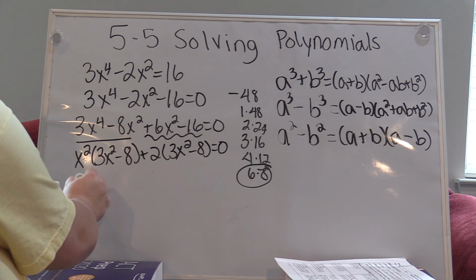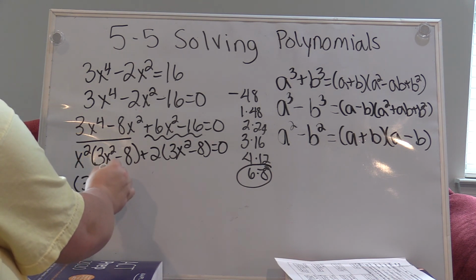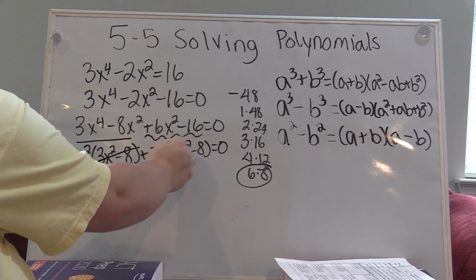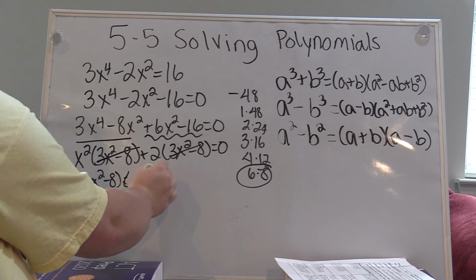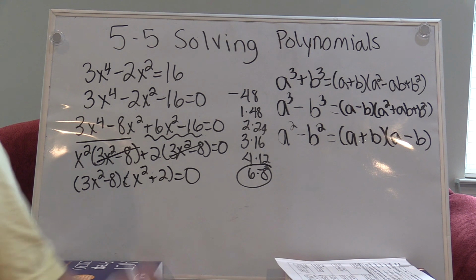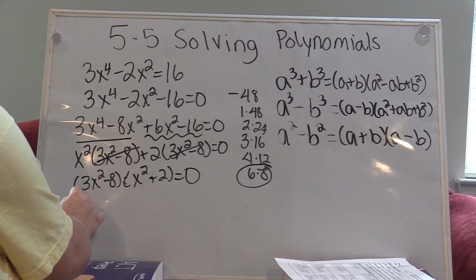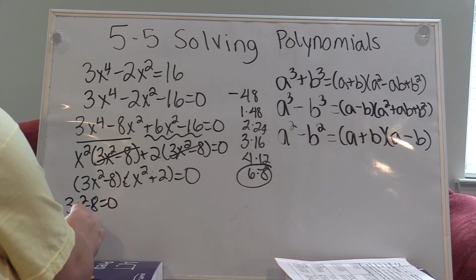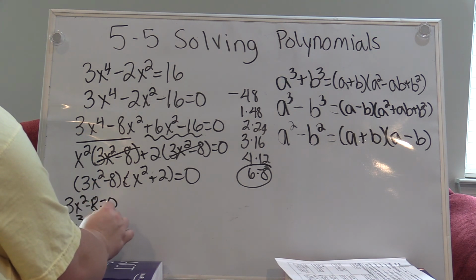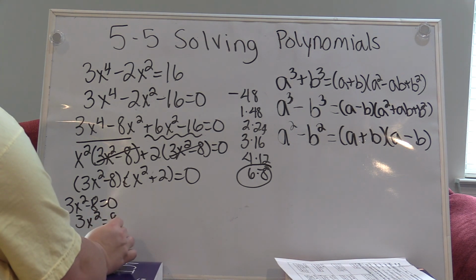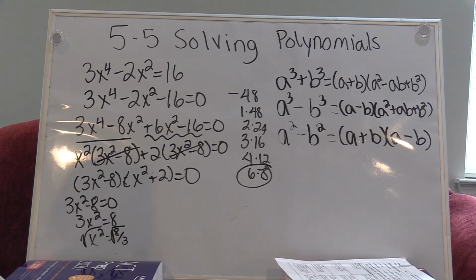So I have 3x squared minus 8 times, if I take those two out, I'm left with x squared plus 2 equals 0. Now I'm going to set both of these equal to 0. So 3x squared minus 8 equals 0. So 3x squared equals 8. X squared equals 8 thirds. And when I square root both sides, this is what that looks like.